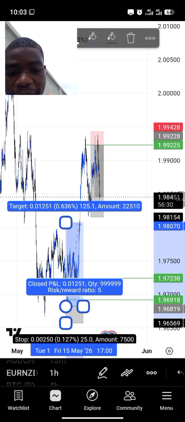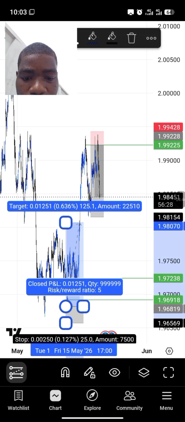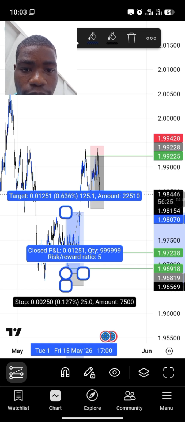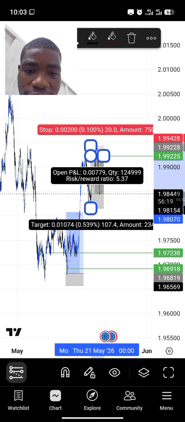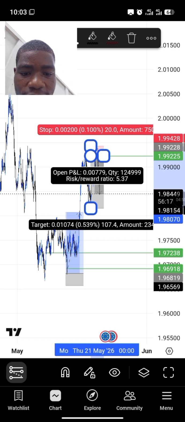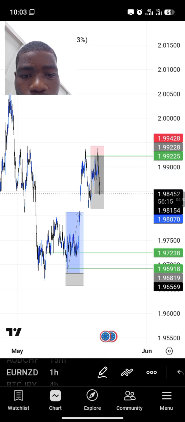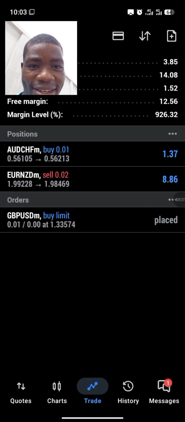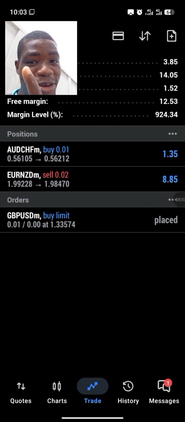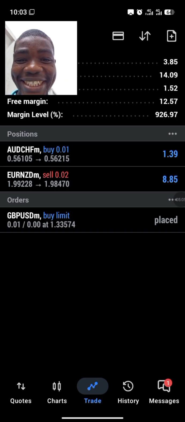So I risked 25 pips. This is 25.000 you're seeing below here. So it gives me 1:5, times 5 of what I'm risking. Here, the same thing, more than 1:5.37. You guys can see it. I will update my followers. Yo, man, I'm gonna make a withdrawal this week, bro.